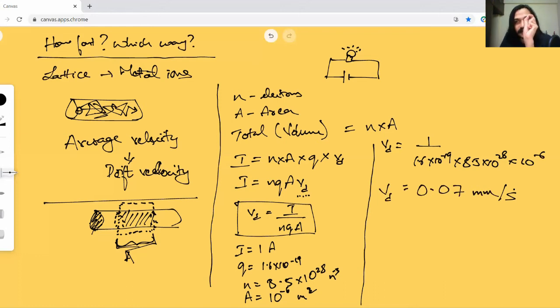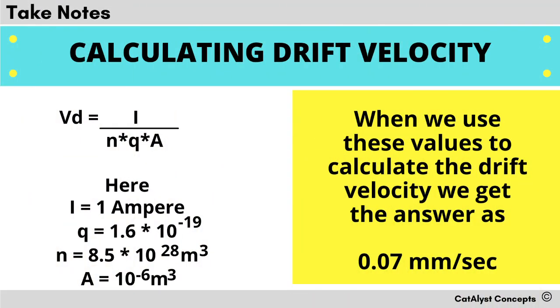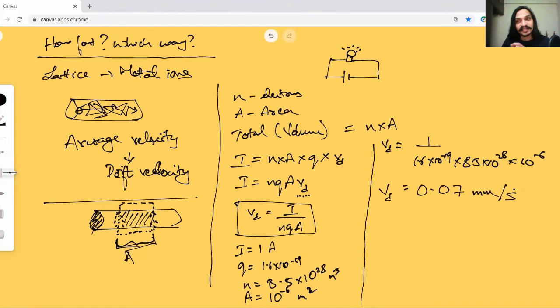Imagine how small that distance is. In every second, an electron is only moving by that much distance, right? That is not at all fast. In 1 second, you can move a lot, but the electrons are moving just a tiny bit.